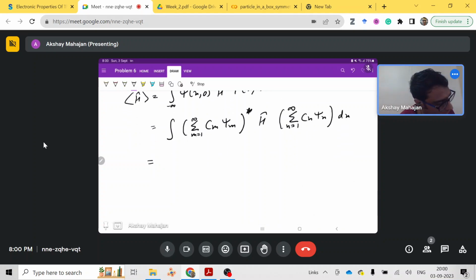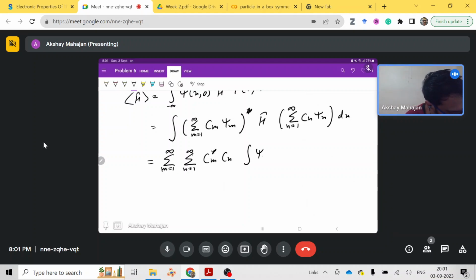Now again I can take the summation outside: summation of m equal 1 to infinity, summation of n equal 1 to infinity cm star cn times the integration, let's not put the limits, the limits are from minus to infinity, it is obvious. I will write it as psi m star h cap psi n dx.